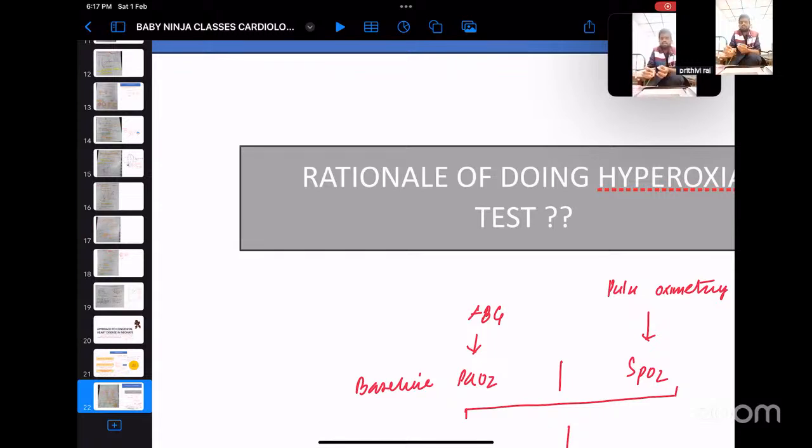That's the reason when you are suspecting any congenital heart disease and you suspect it is duct dependent, never do a hyperoxia test. By giving hyperoxia, you're going to close the duct. It will cause impairment in the alternate pathway of circulation, and it will lead to more cyanosis in duct-dependent pulmonary circulation, and more shock in duct-dependent systemic circulation.